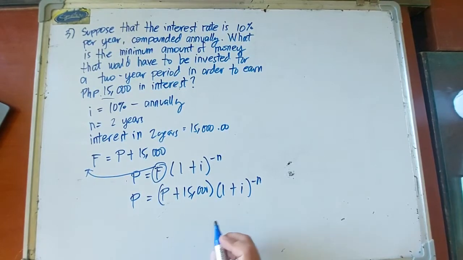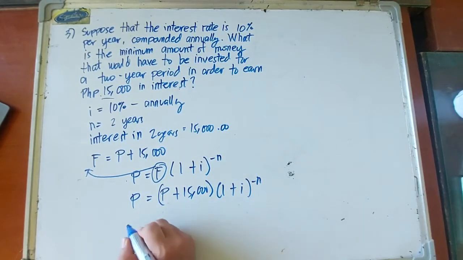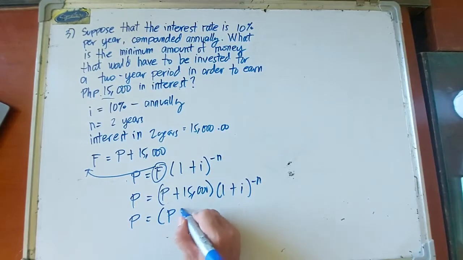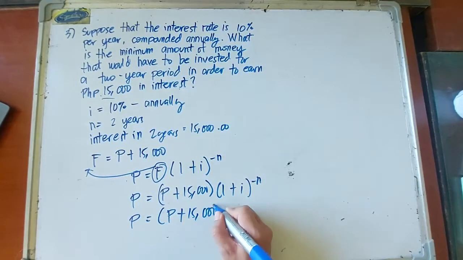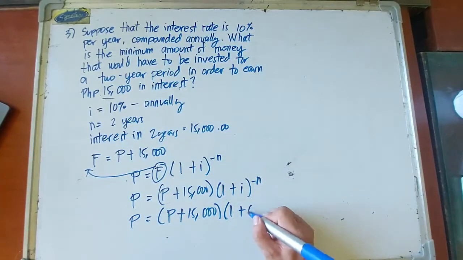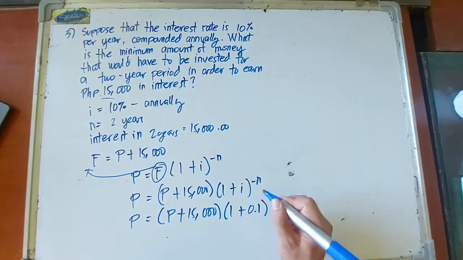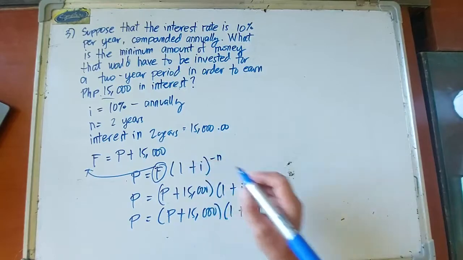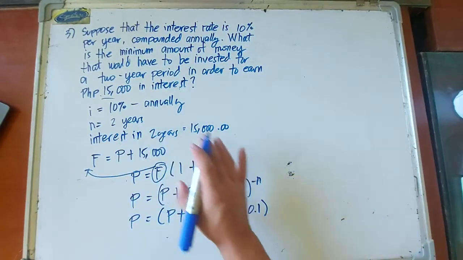So that's equivalent to 1 plus I, the interest is 10 percent, it should be in its decimal form, raised to negative N. N is 2 years, so compounded annually siya.